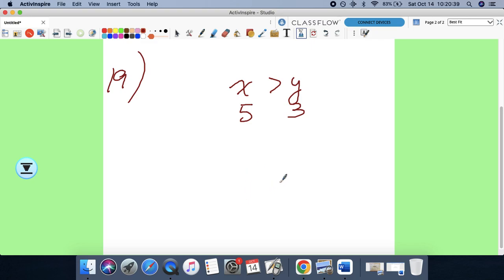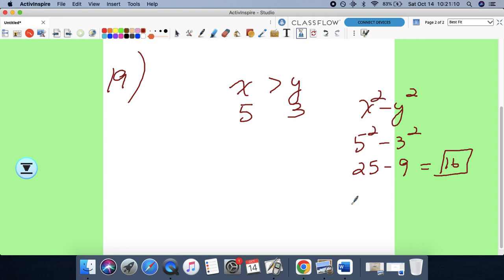Alright, if you actually do this, x squared minus y squared, so let's actually just do this. So we get 5 squared minus 3 squared, which is 25 minus 9, and that gives us 16.